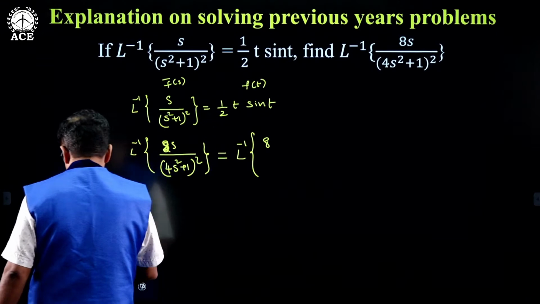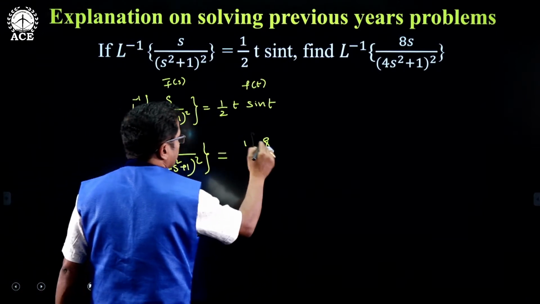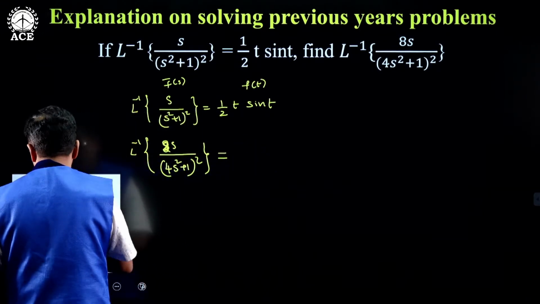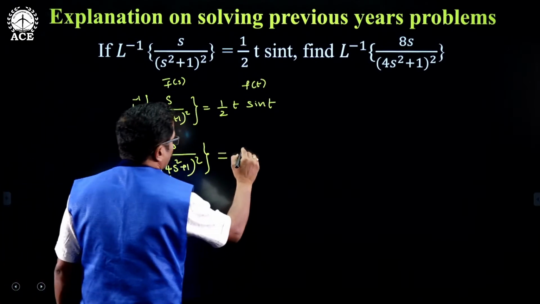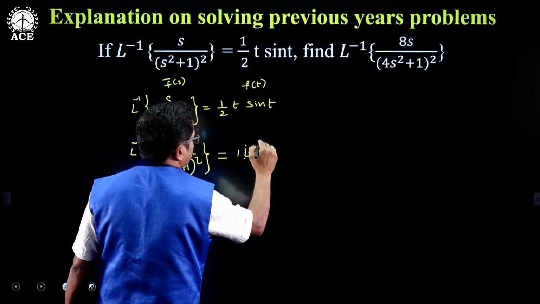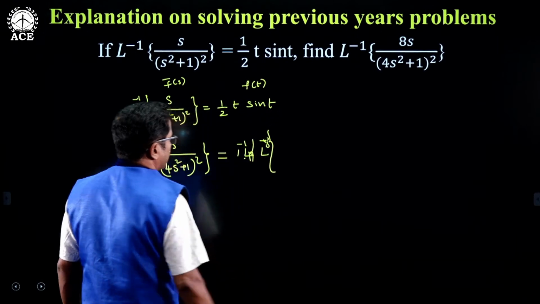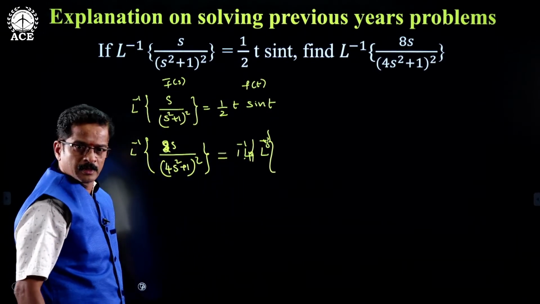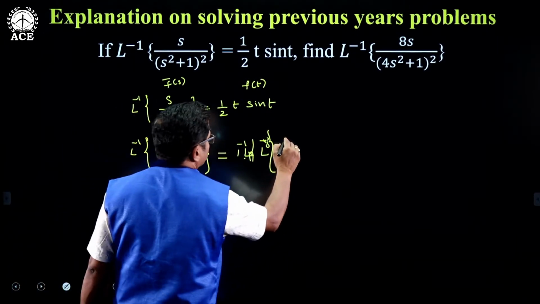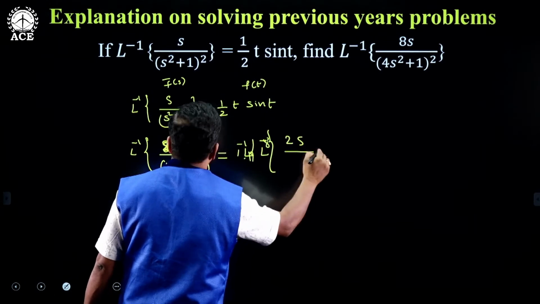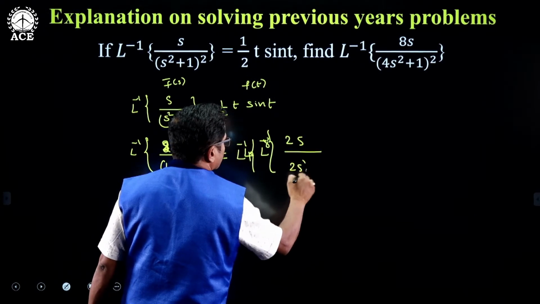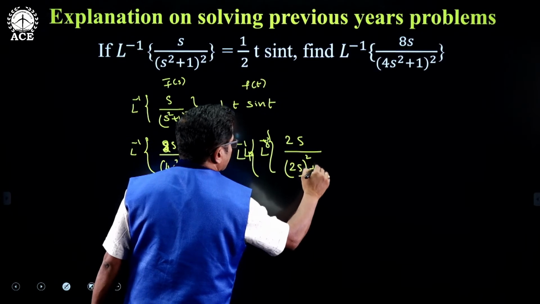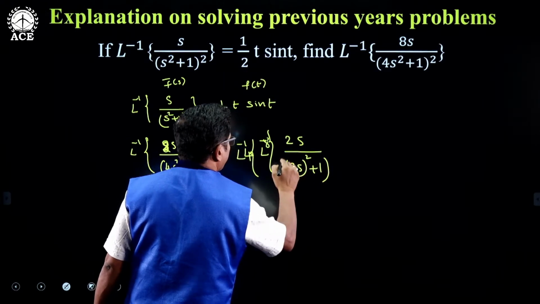So here I will take 4 into L inverse of 2s by 2s whole square plus 1 whole square.